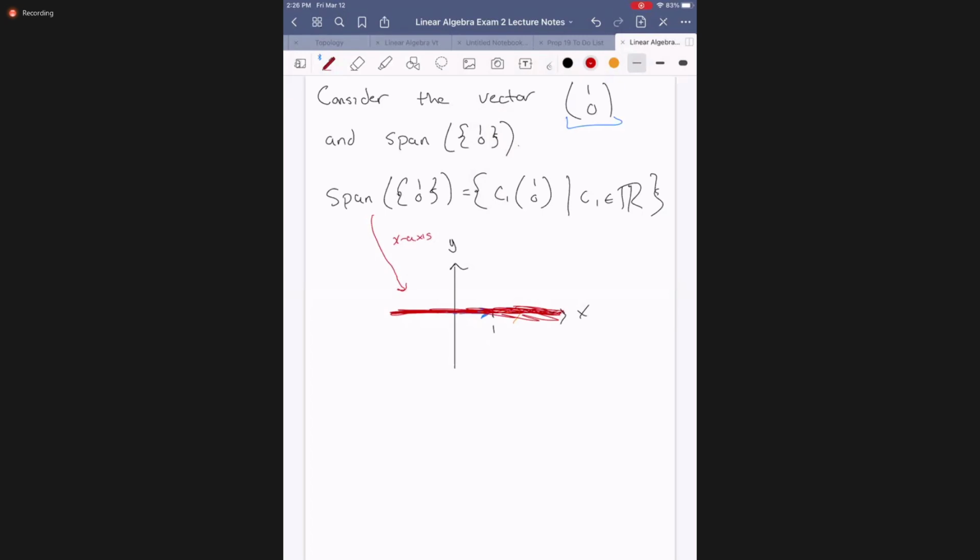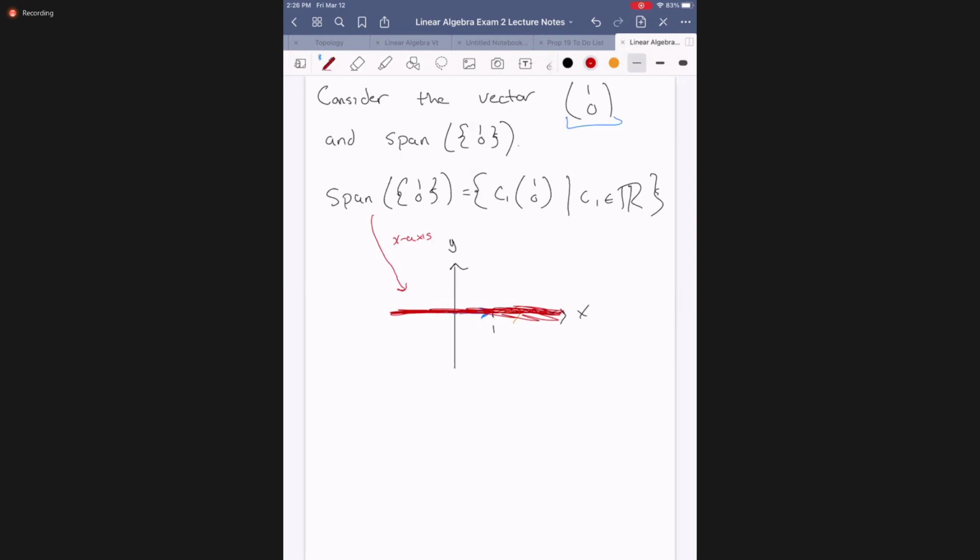Okay, perfect. So now you kind of see what the span is, at least in this example. If you think of it in Rn as space, the span gives you some type of region. For example, if I had taken (1, 0, 0) and (0, 1, 0) and taken the span of that and plotted it in 3D space, that would have given me a plane.